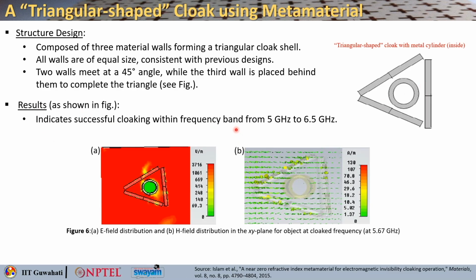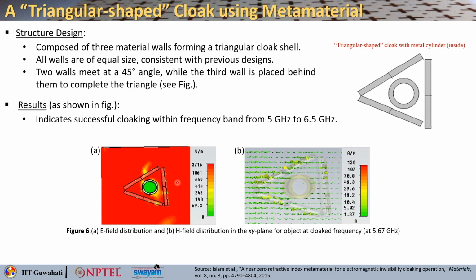Here also you can study the electric field and the magnetic field distribution along the xy plane. You can see that you can achieve successful cloaking between 5 gigahertz and 6.5 gigahertz. This is the result plotted for 5.67 gigahertz.